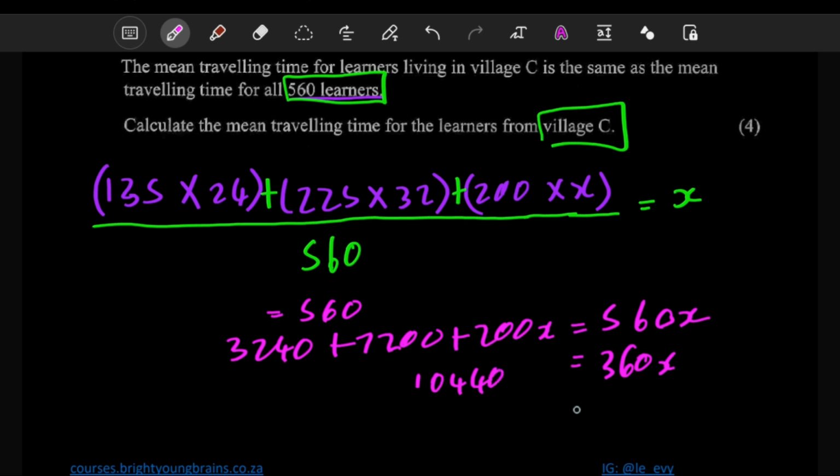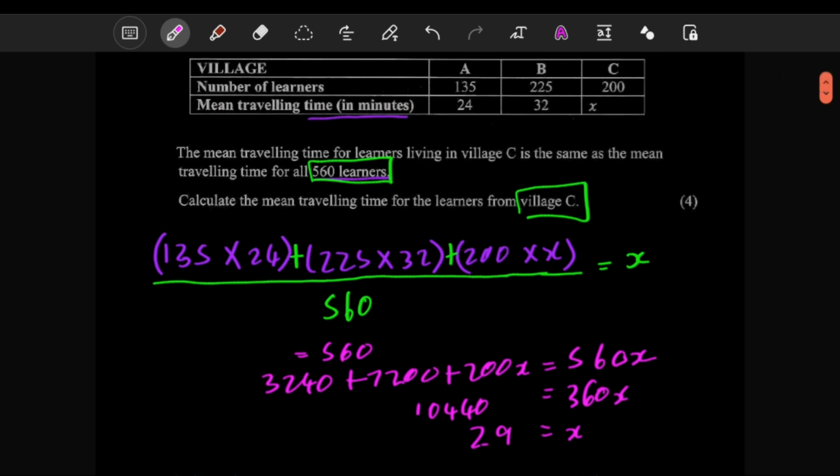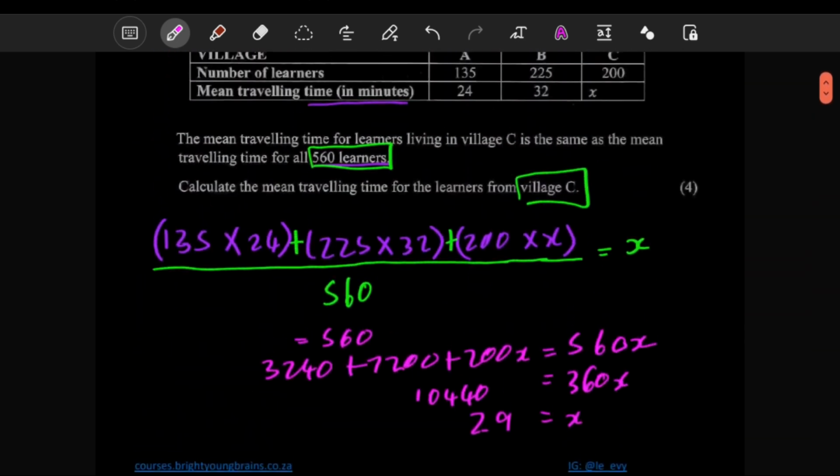If you divide by 360 on both sides, your final answer is 29. Nothing major. They just asked us to calculate the mean traveling time for the learners in village C, which is x. So we can move on to question number 2.